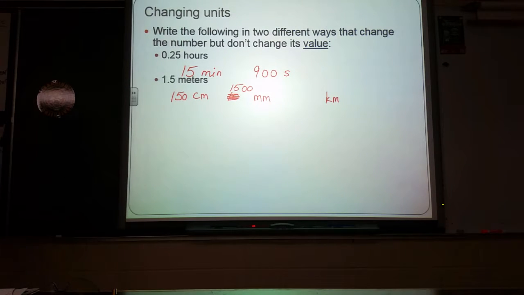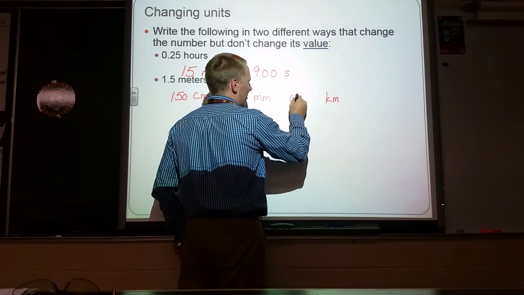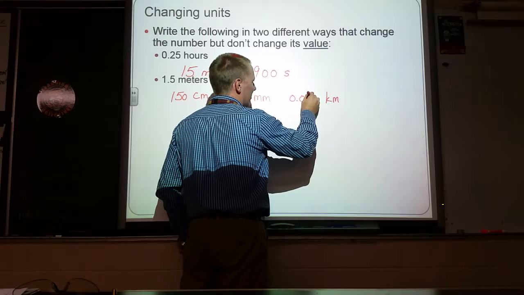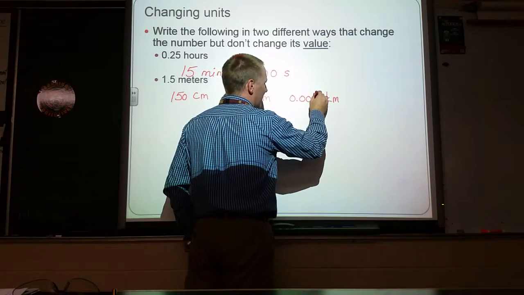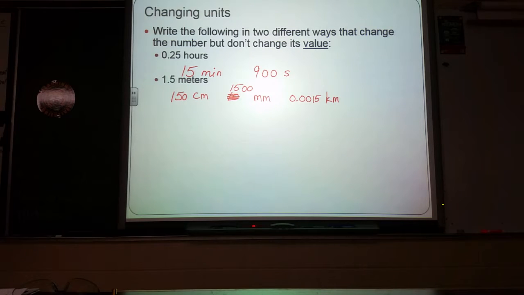Okay, kilometers. Now, kilometers are big. We have to divide by 1,000 to get it. So it'd be 0.0015 kilometers. Different numbers, all meaning the same distance, the same length of something.